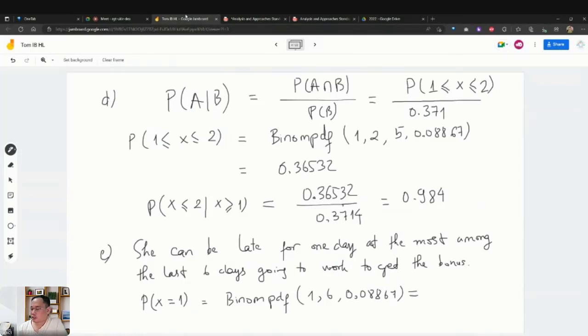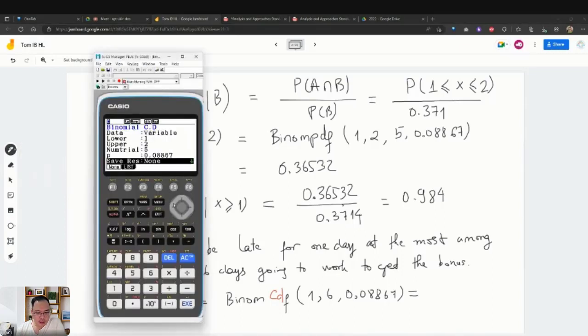I forgot to consider the case that she is not late at all in the next 6 days. She would also be a great employee. Meaning we can add it with the probability that she is not late among the 6 days left. Here we need to take x from 0 to 1, and change the PDF to CDF. Không trễ ngày nào, hoặc là trễ 1 ngày vẫn được thưởng. So change to CDF.